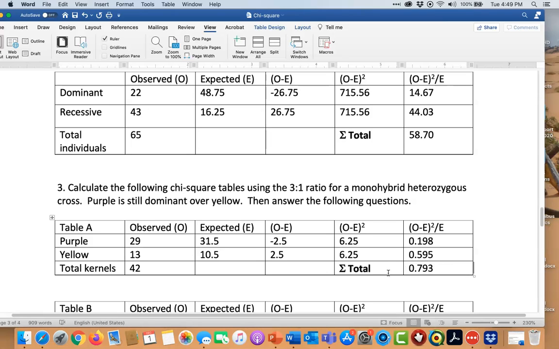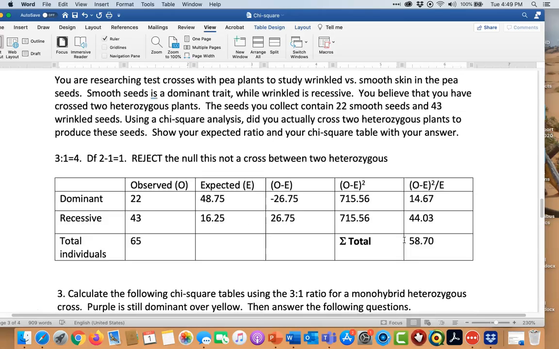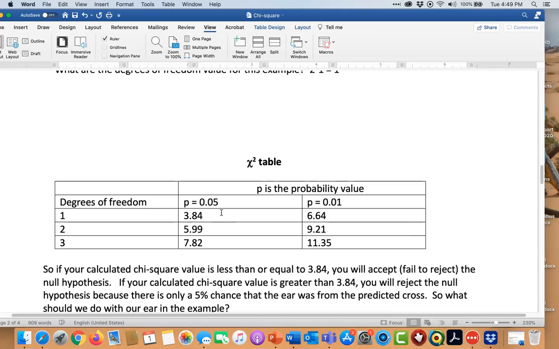And I can already tell you that that is below the threshold for our chi-square. Again, 1 degree of freedom, so 0.793. Go back up to the table. At 0.05, it's 3.84. And that's where we have that point. If it's below that, we don't look at it.